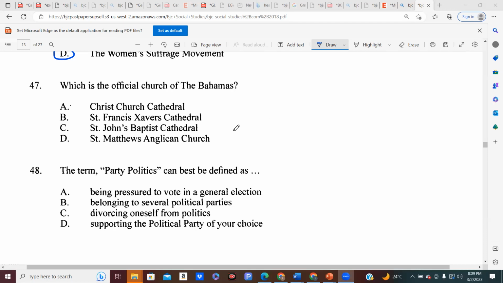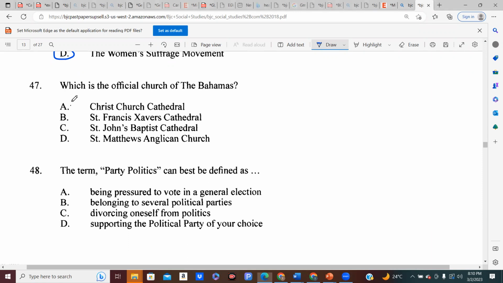Daniel, what did you choose? I chose A. Why did you choose A? Because in social studies I was reading on the Loyalists, and they contributed to the Christ Church Cathedral. So you think it is the official church of the Bahamas? Okay.